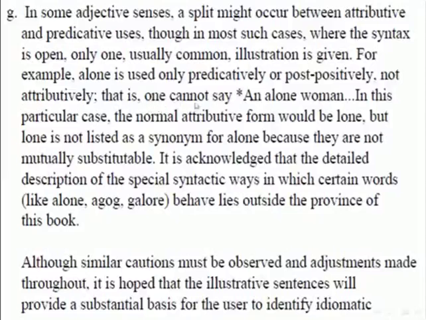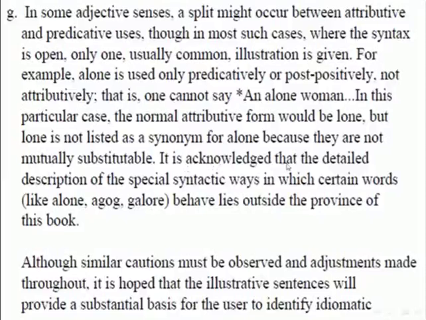That is, one cannot say an alone woman. In this particular case, the normal attributive form would be lone, but lone is not listed as a synonym for alone because they are not mutually substitutable.